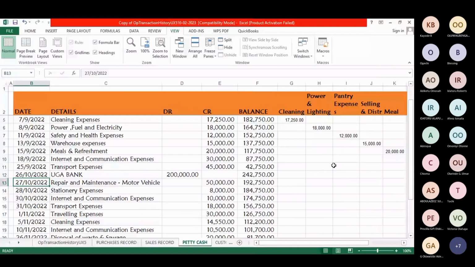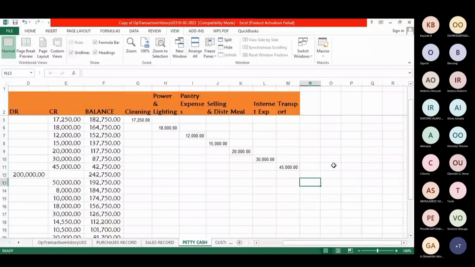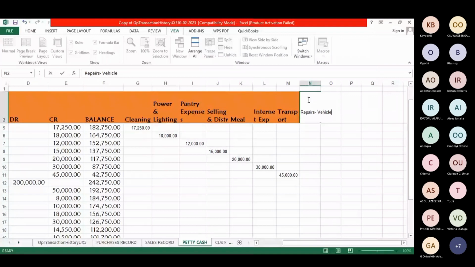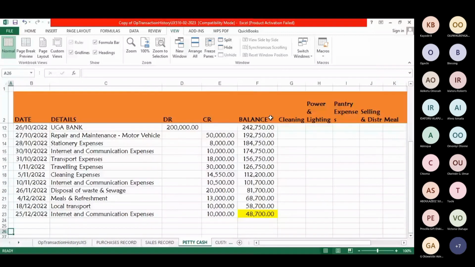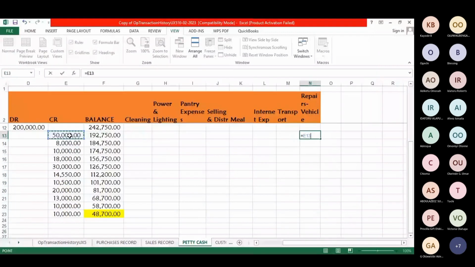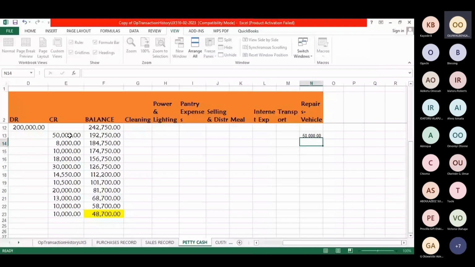I'll come here. Yes. Vehicle. Stationary. So I'll come here and say maybe printing and stationaries.